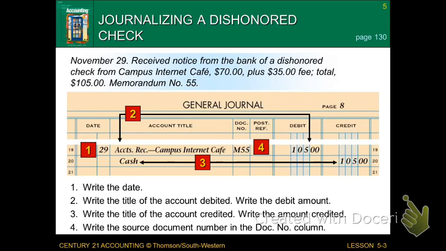And unfortunately, we have to decrease our cash account by the same amount, $105, because we once thought we had enough money that was going to increase our cash account, and instead it is decreasing. Until the customer gives us another check, which we hope will be good this time, we have to take a loss on this amount, including the fee. So accounts receivable will increase and cash will decrease.